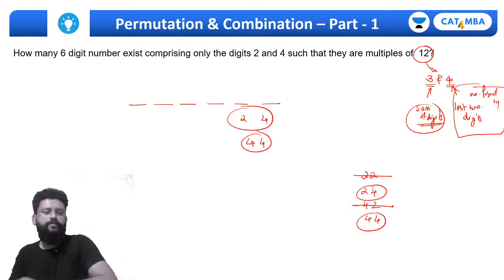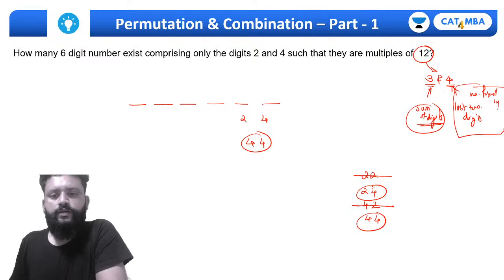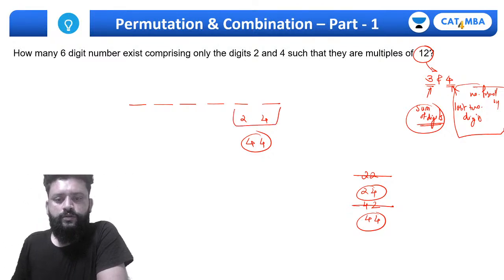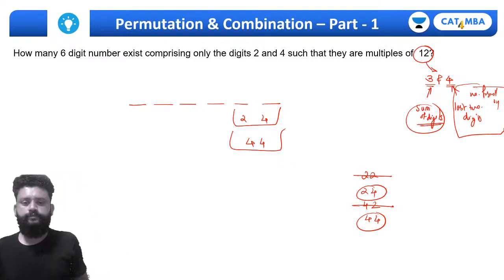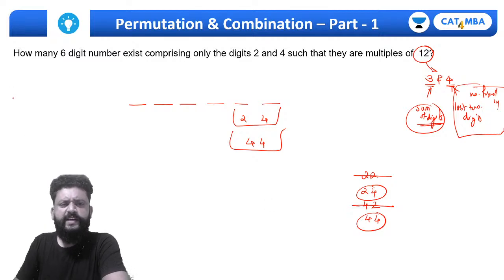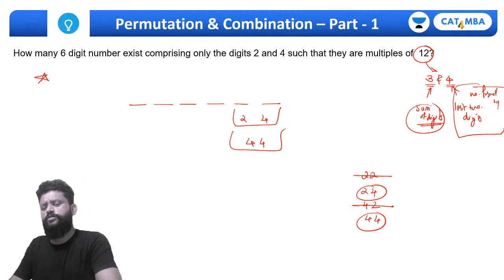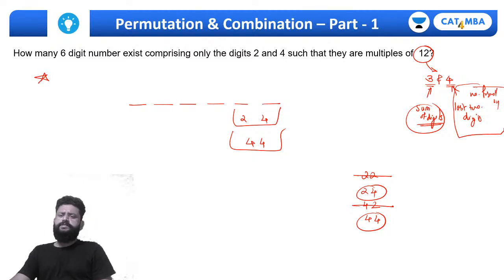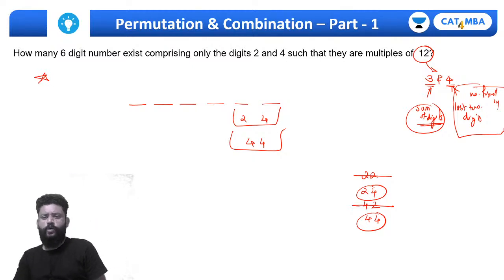That's the only choice we have. A bit tricky question you can say, but it's an easy question. Now the sum of the digits should be divisible by 3. That's quite a really tricky thing to understand.